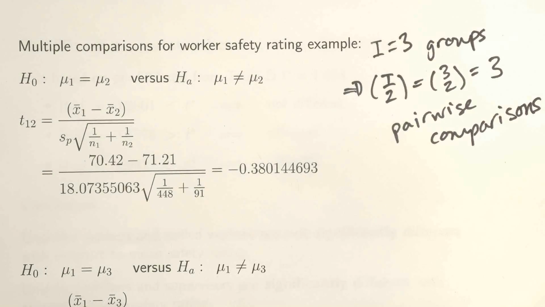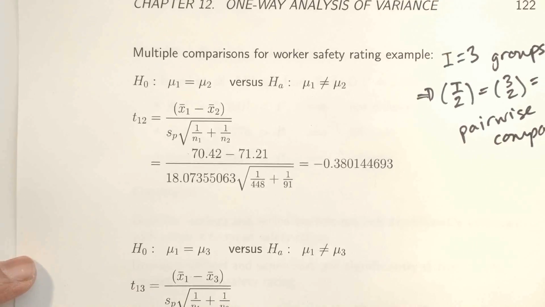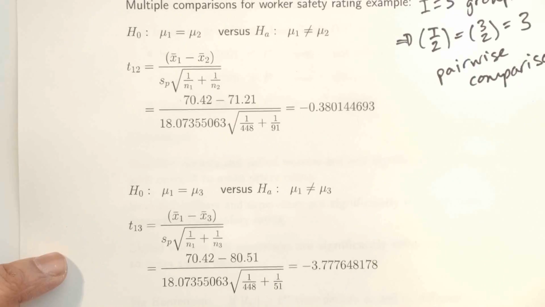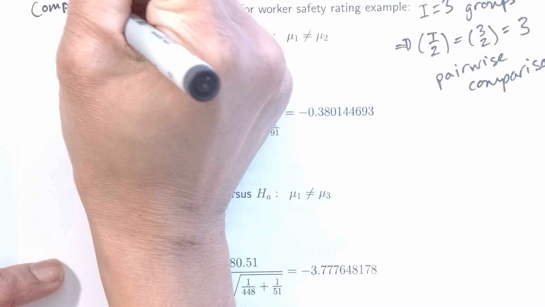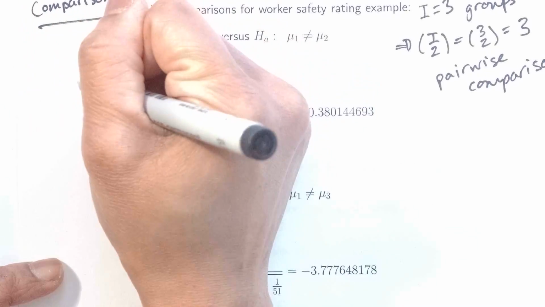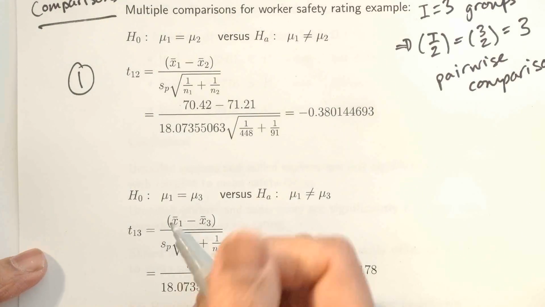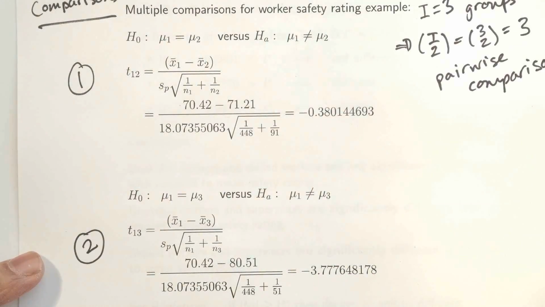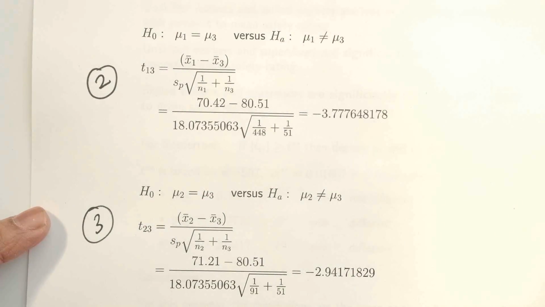And so the comparisons are going to be, so I'm going to make this a little bit larger, one is comparing groups 1 and 2, 2 is comparing groups 1 and 3, and 3 is comparing groups 2 and 3.